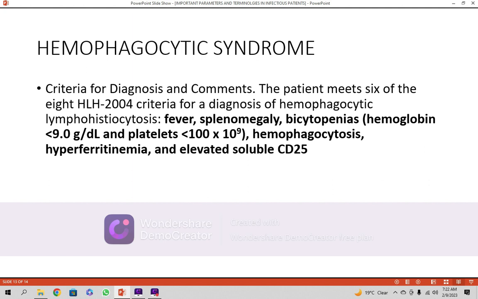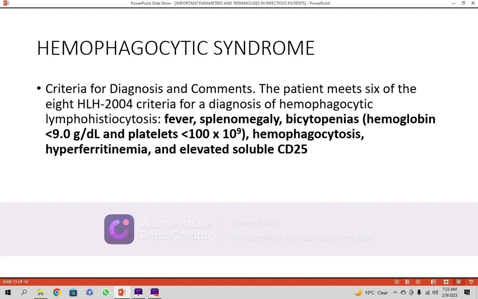According to the criteria, there is a society which deals with these infections, called hemophagocytic lymphohistiocytosis. The histiocytes, lymphocytes and phagocytes engulf the RBCs, and you can demonstrate this in the blood or in the bone marrow. If you demonstrate this phenomenon, it is called hemophagocytic syndrome.